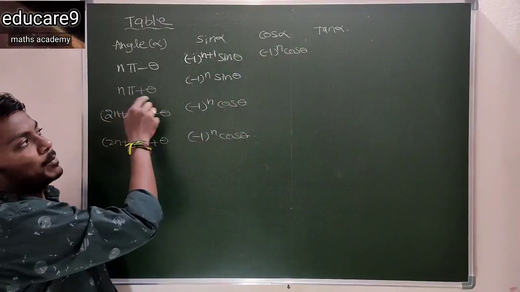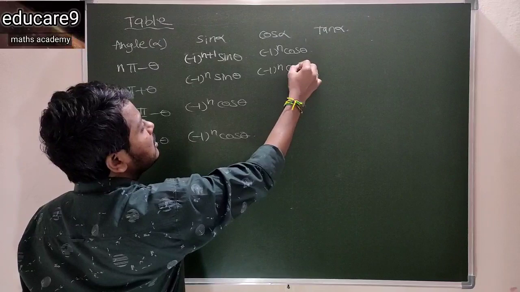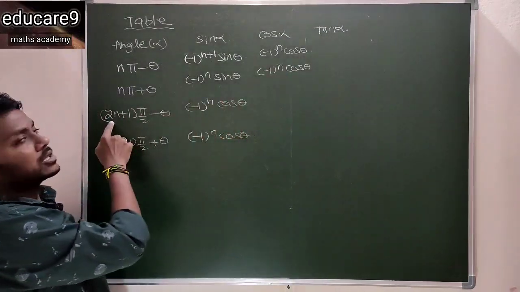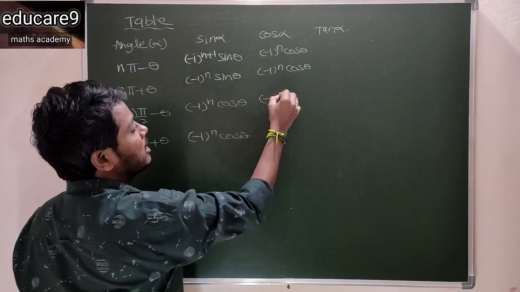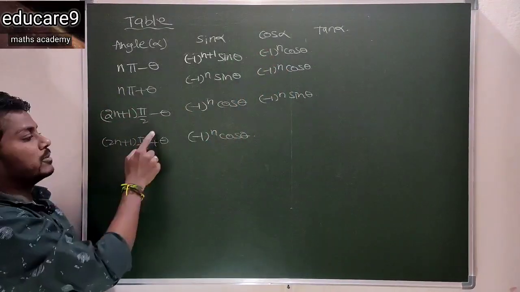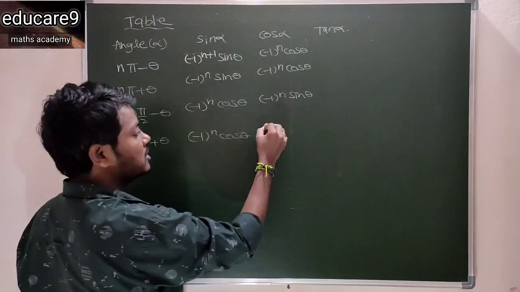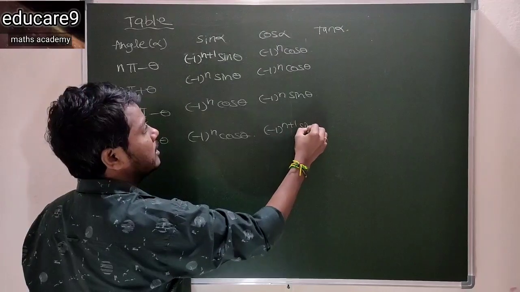And cos of (n pi plus theta). This is (minus 1) power n cos theta. And cos of ((2n plus 1) pi by 2 minus theta). This is (minus 1) power n sin theta. And cos of ((2n plus 1) pi by 2 plus theta). This is (minus 1) power (n plus 1) sin theta.